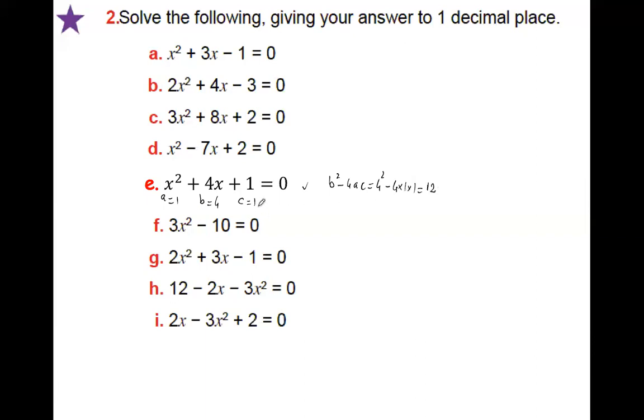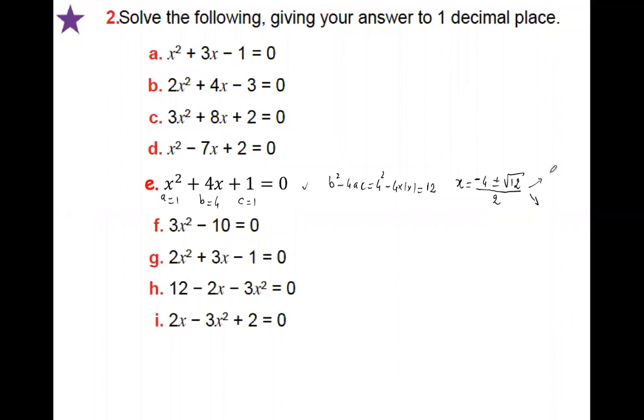Now, to find my answers, I've got a positive discriminant. So I've got x equals minus b, so minus 4, plus and minus root 12, divided by 2a, which is just 2. So I've got two answers, a positive one and probably a negative one. Let's see. So minus 4 plus root 12 divided by 2.